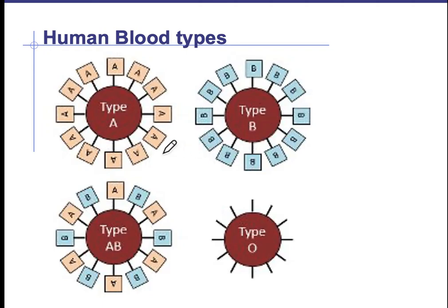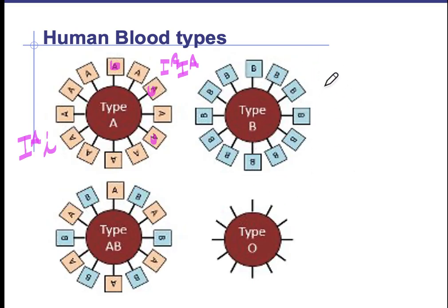Here's just a visual so you can sort of see what I'm talking about. For a type A person, all the spots on this person are taken up with an A, so their genotype would be I^A I^A. If a few of these were blank, then we could say they were I^A i.